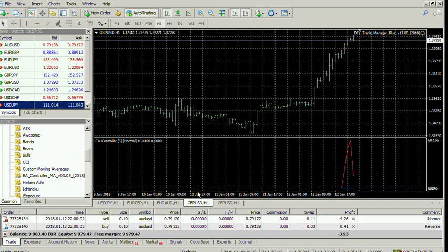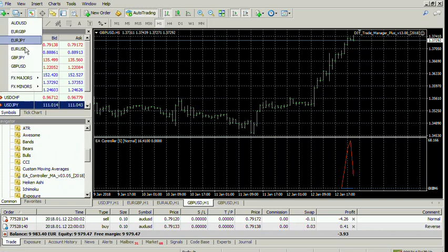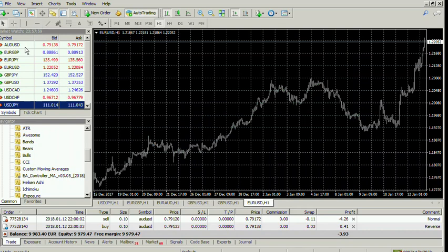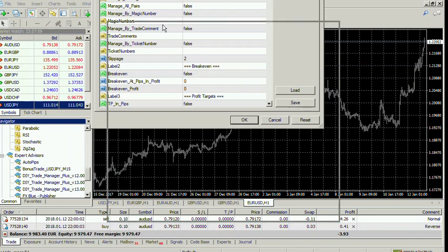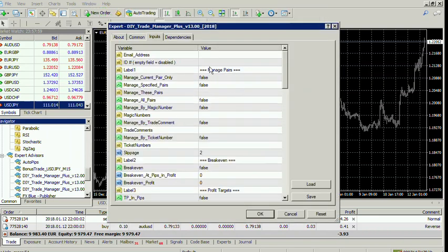So we would repeat this process for all of the other 4 EAs, and this would mean, for instance, if we wanted to do the USD EA next, we would open a USD chart, and we would enter a trade manager, and add the field.